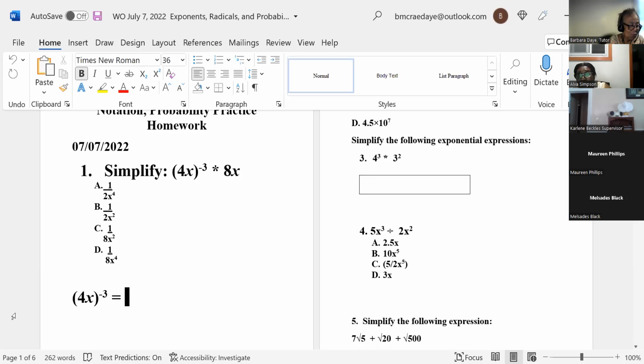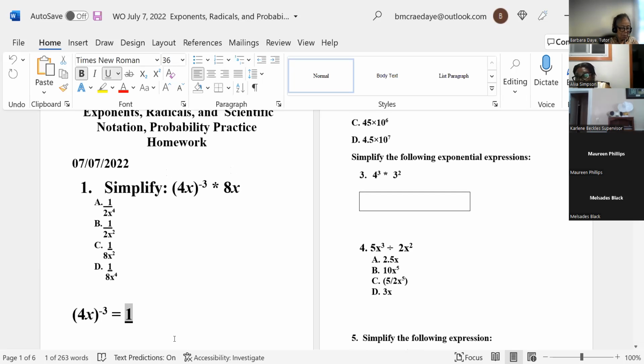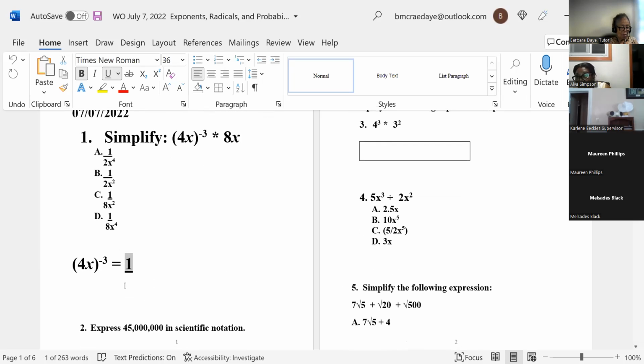So that's 4x to the minus 3. That becomes 1 over what, Mercedes? What does that become? No, we're only talking 4x to the minus 3. So what does that become? When we flip it, the 4x is now in the denominator, right?